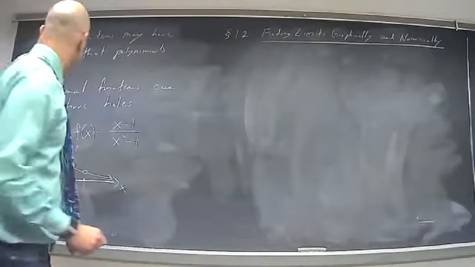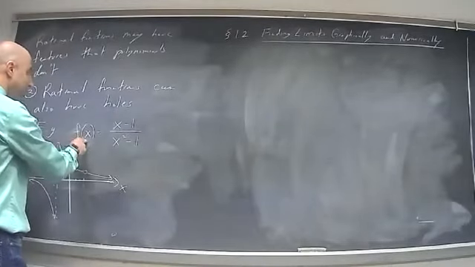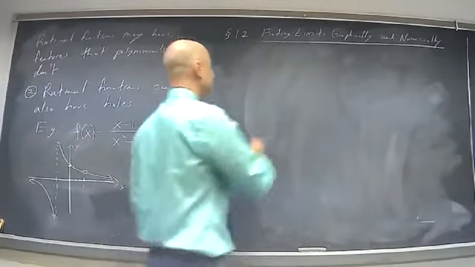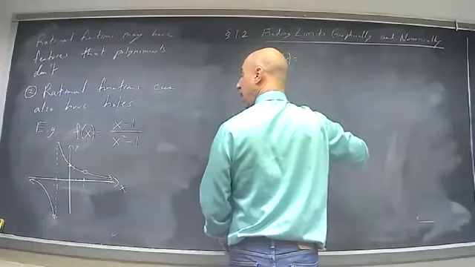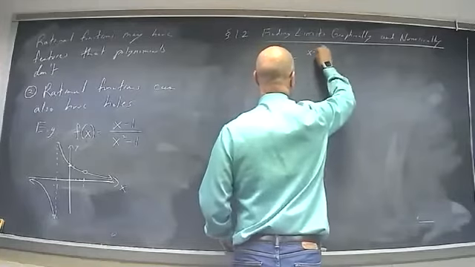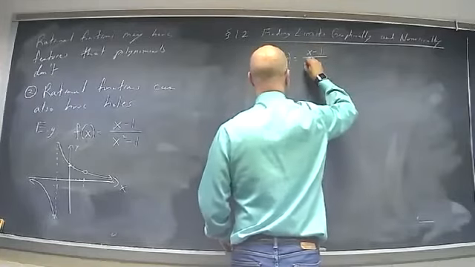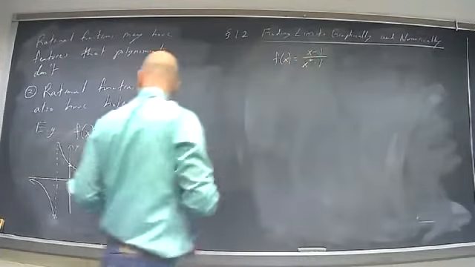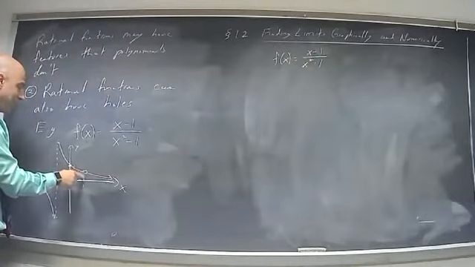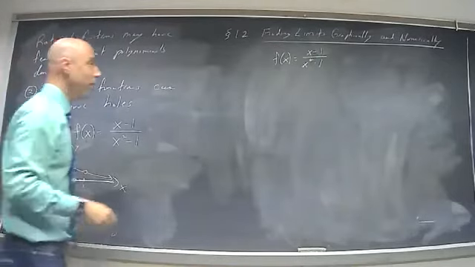So let's go back to this function we were talking about here. So again, f of x equals x minus 1 over x squared minus 1. We already saw that this function has a hole in the curve at x equals 1.